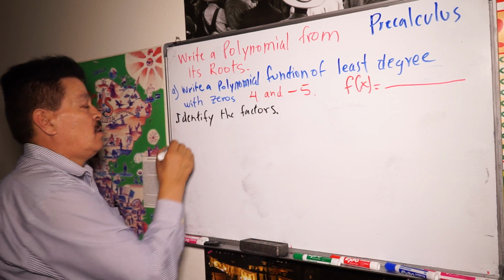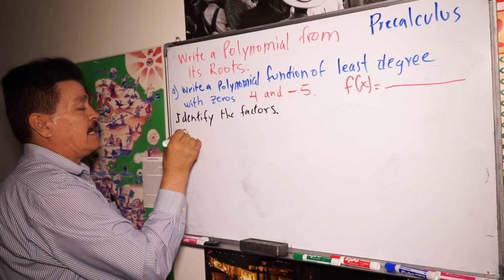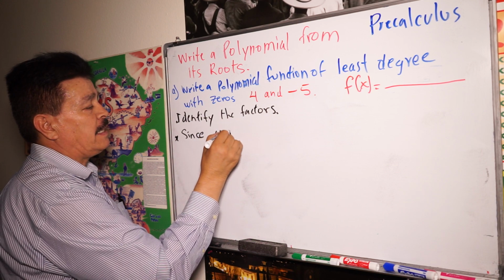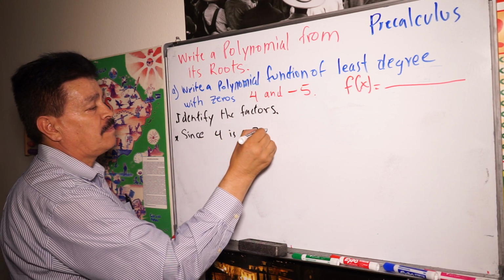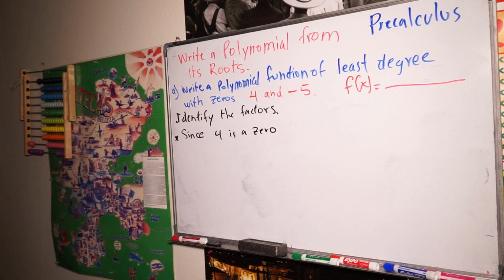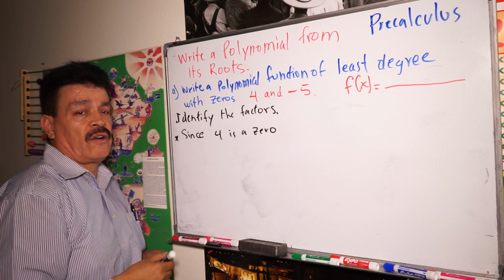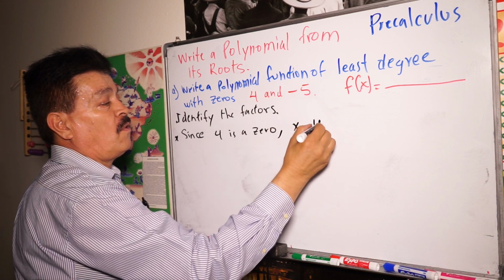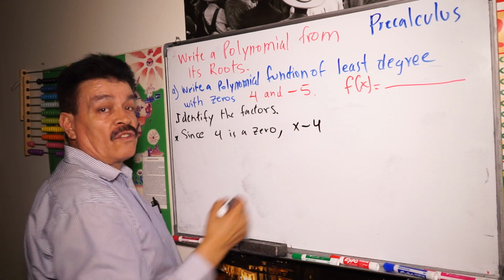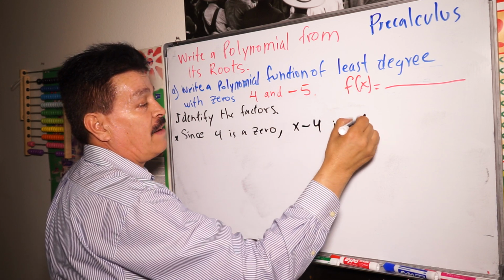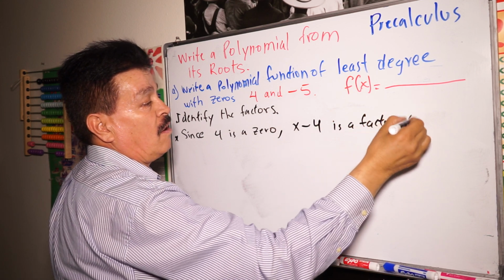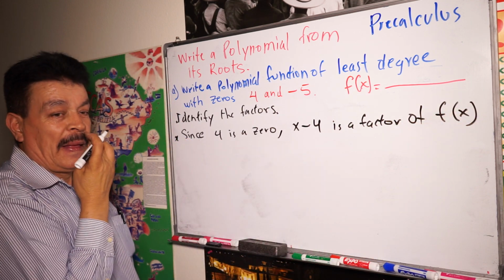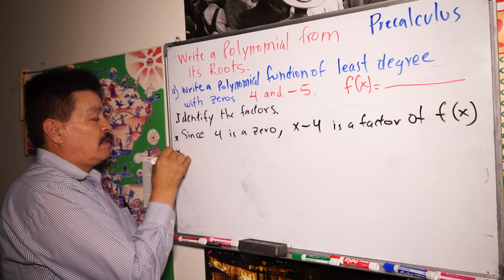So number one, since 4 is a zero, then x minus 4 is a factor of f(x).